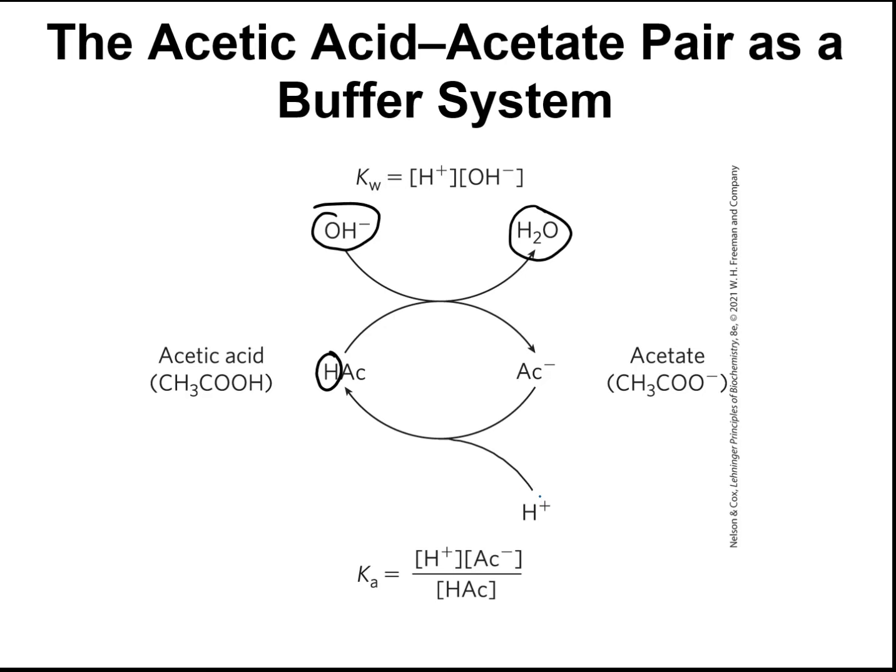Let's say that you add in some acid. Well, that is going to be attracted to that acetate ion and you're going to end up making more acetic acid. So you need to be able to think through how the buffer system works. What happens if I add acid? What happens if I add base?